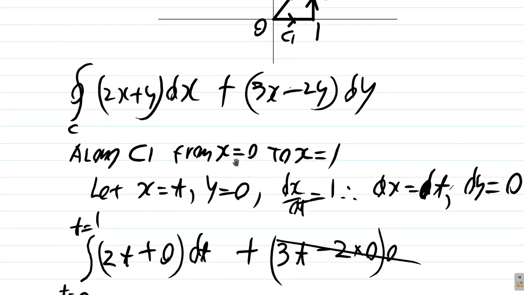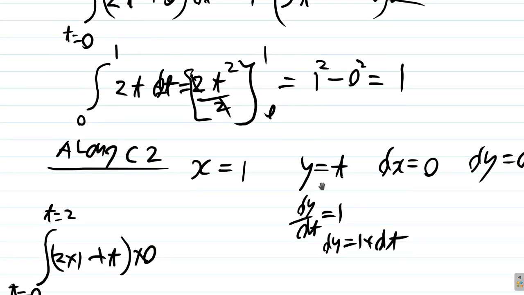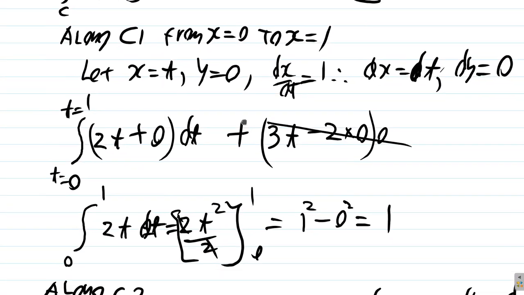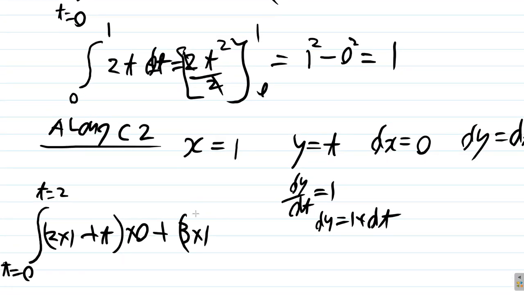Plus, and remember, I could have a bracket here to show that the integral applies to everything. Remember, it's not just 2x plus y dx alone being integrated, it's everything. So plus 3 times x, but x is 1, minus 2y, minus 2, but y is t.